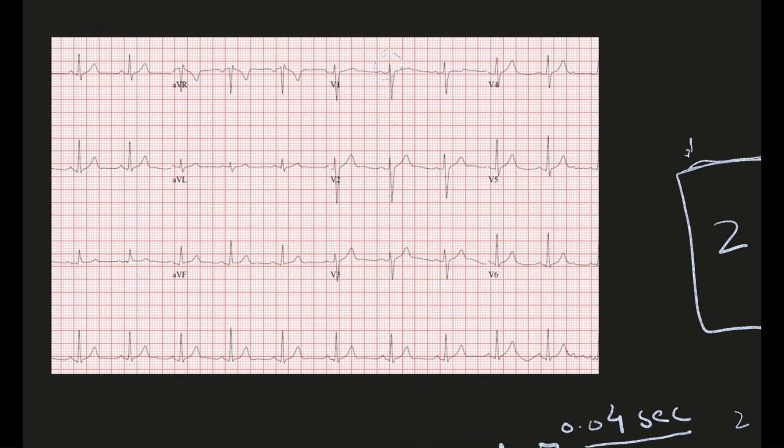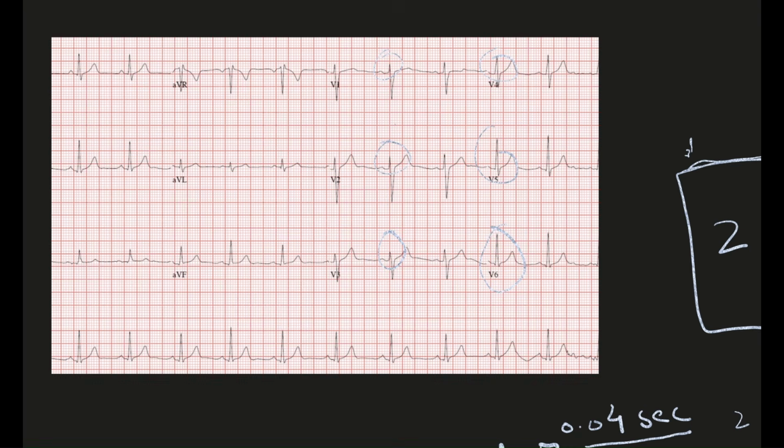Look at this wave. The R wave is small, and in lead 2 it's making a little progress. In leads 4, 5, 6, it's getting bigger and bigger, and this S wave is getting smaller and smaller.